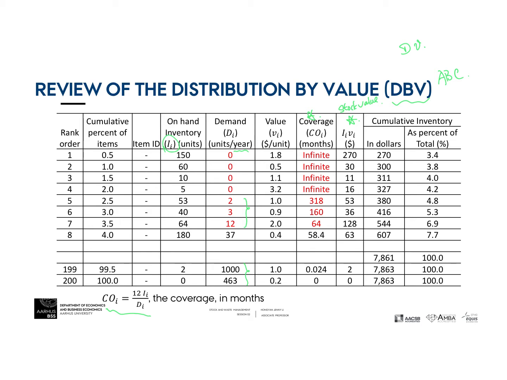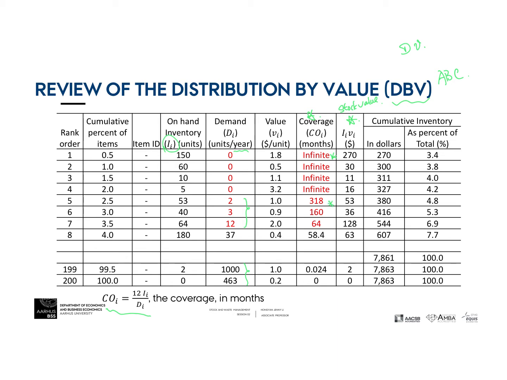For example, we talk about how long this inventory can be used to satisfy the demand. If you have never sold anything last year, then we get an infinite coverage for this item. And then we can see item 5.